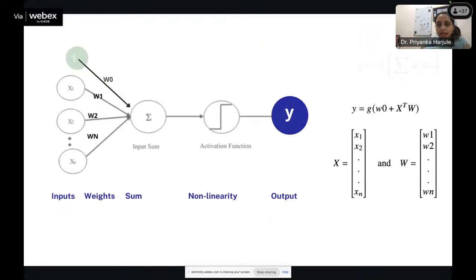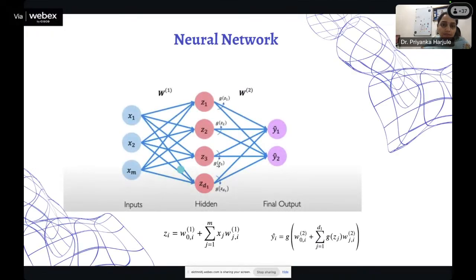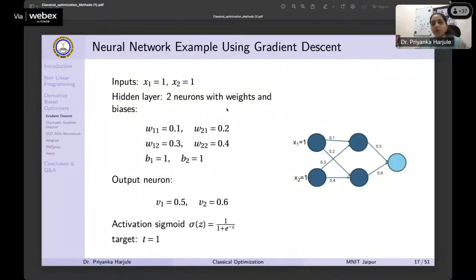And this process is continued with every layer. If you have one more layer, that layer will take the input from the previous layer, and so on. So with this background, we will try to numerically solve this problem.